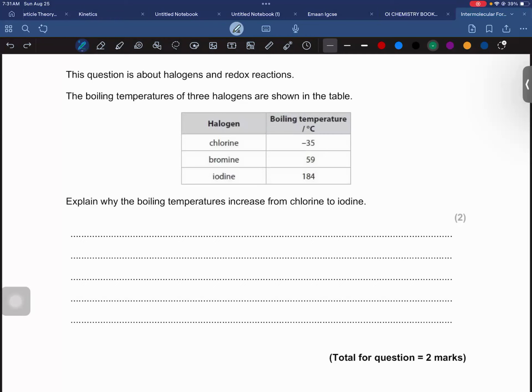Now see this question. Intermolecular forces.